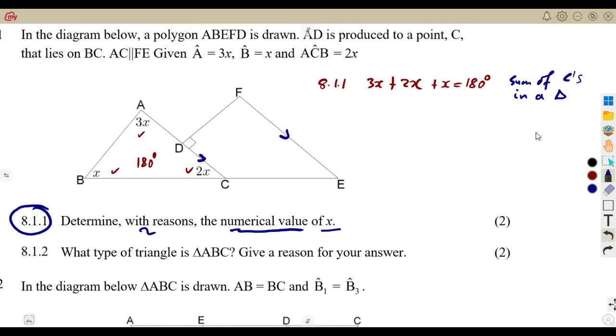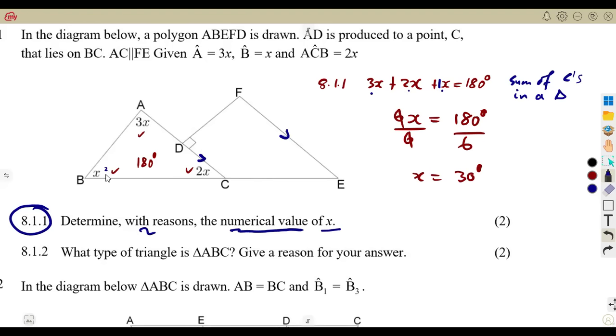They add up to 180 degrees. It's an equation that you have formed. You can solve for this equation. This x is the same as 1x. So 3 plus 2 plus 1 gives us 6x equal to 180 degrees, divided by 6 on both sides. So our x was going to be 30 degrees. All right, so that is the numerical value of x.